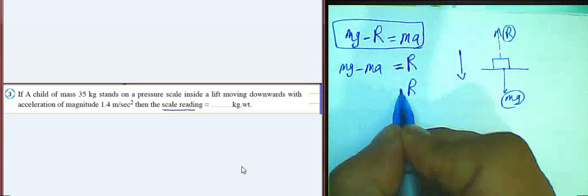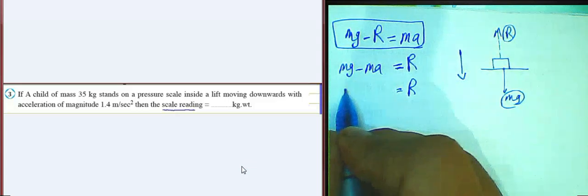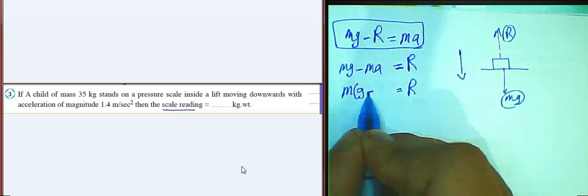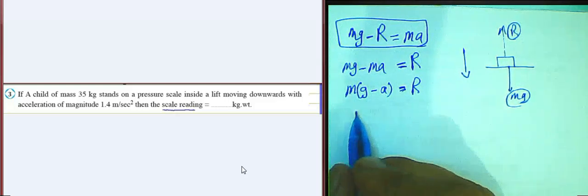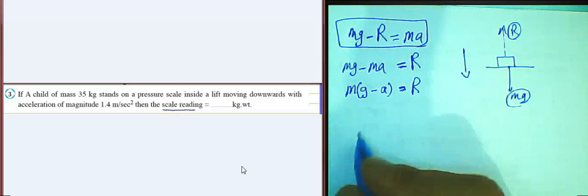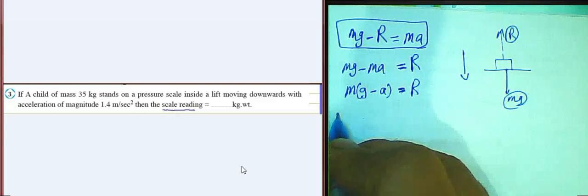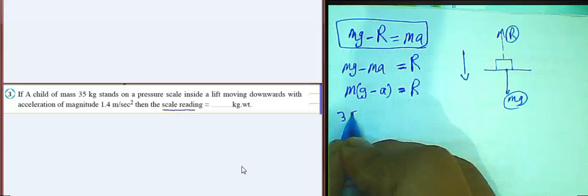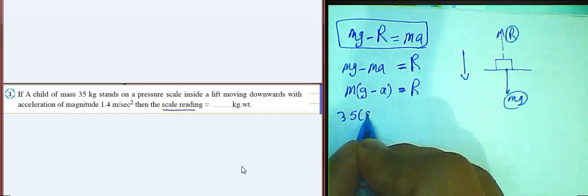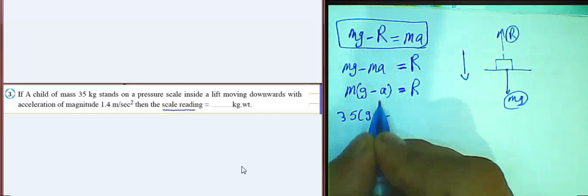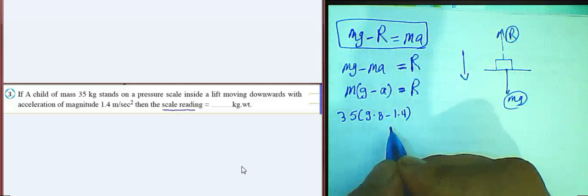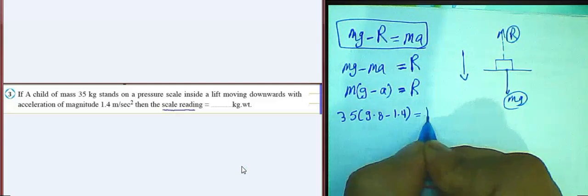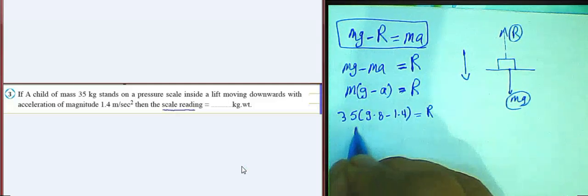And then R equal, we can write m outside, g subtract a. And we can put here 35, the mass, and g equal 9.8 subtract acceleration magnitude 1.4, as he gave us in this example. The result will be in Newton.